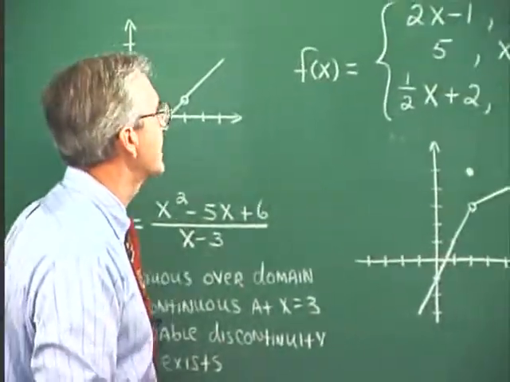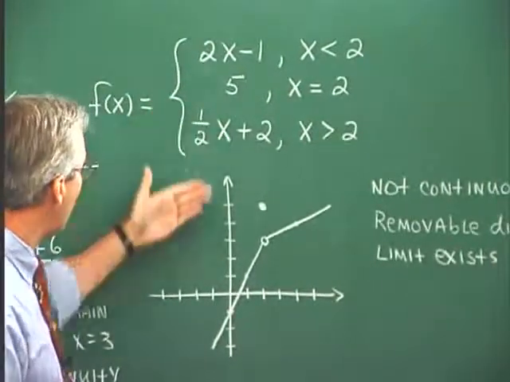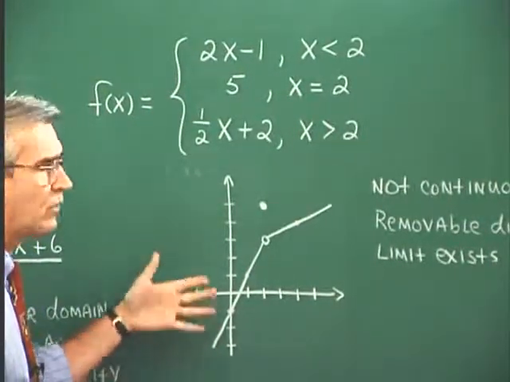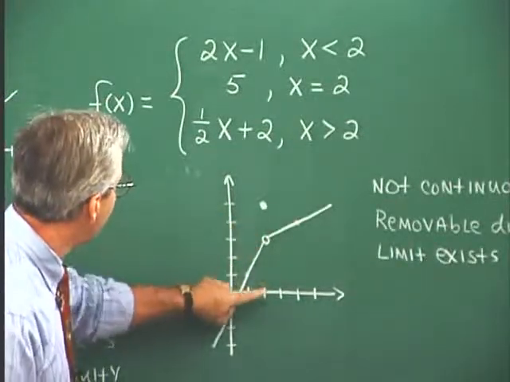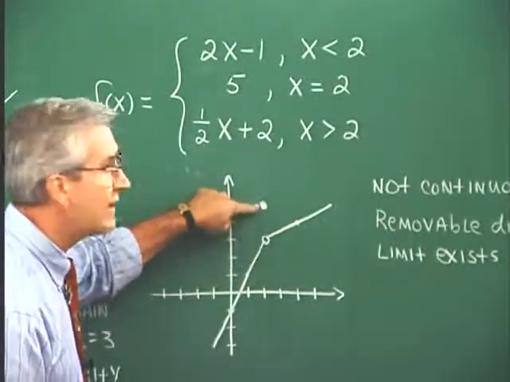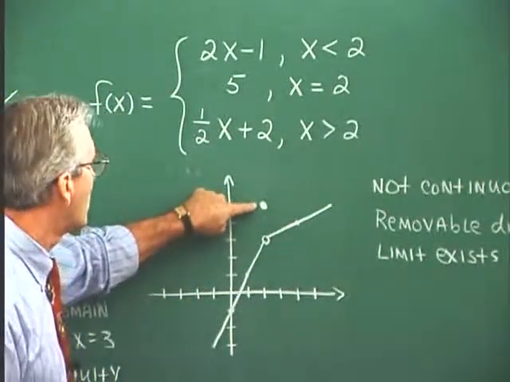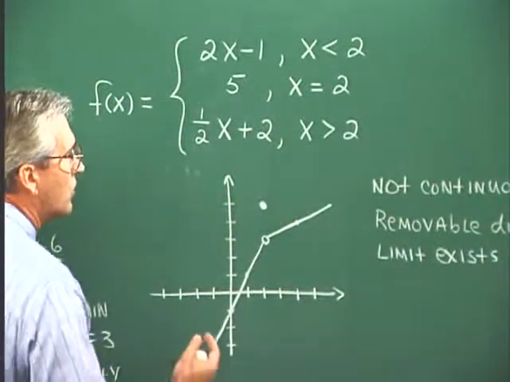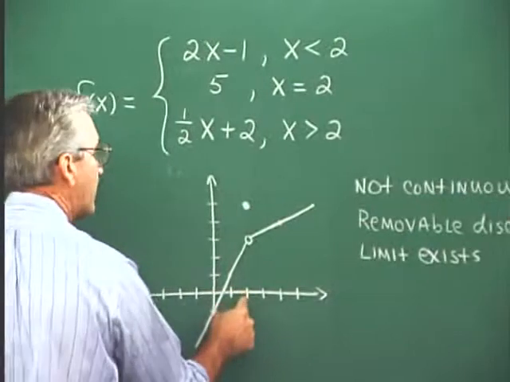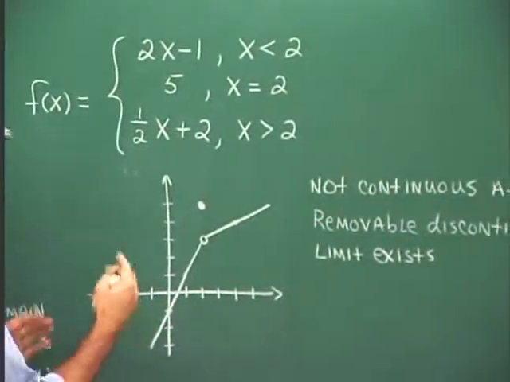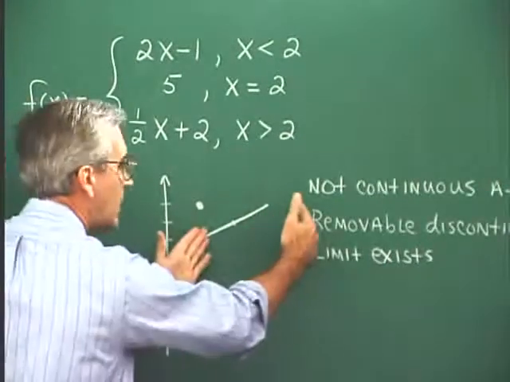Here's one that's defined in pieces. The function is defined in pieces, and the graph has this appearance. And once again, we just have kind of a hole in the graph, but f of the place where the hole is defined. You see, f of 2 is defined up here. So we would say then that although the entire function is not continuous at that point, it is incidentally continuous over an open interval over here, an open interval over there.